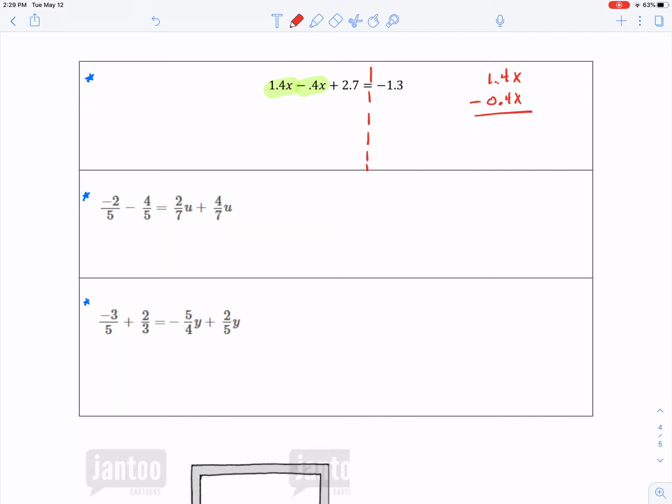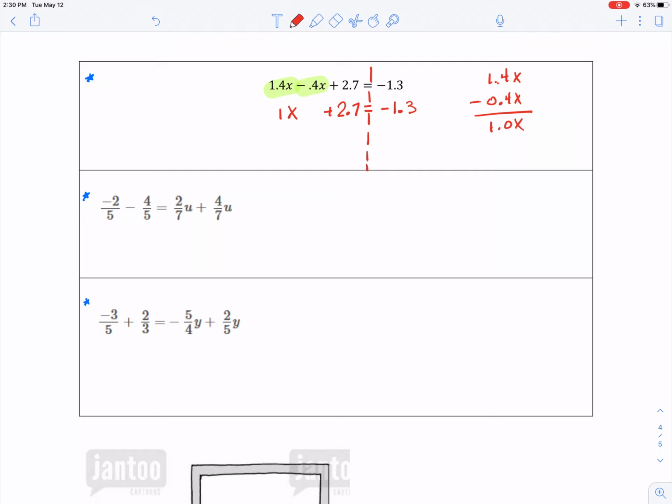And when I combine those 2, it looks like I come up with 1x. And then I have to copy down the 2.7. It's on the left, keep it on the left. And I have to copy down the 1.3. And notice how I'm keeping the equals mark right on that vertical dotted line.